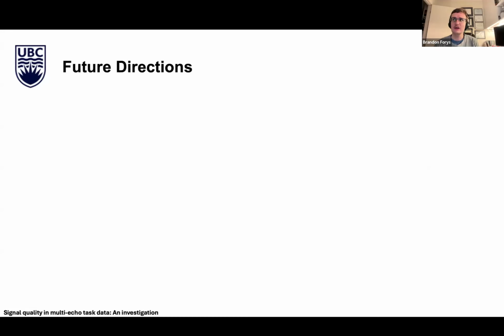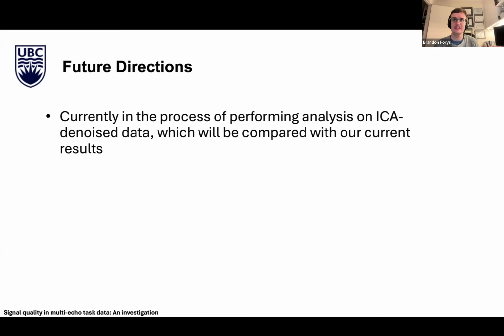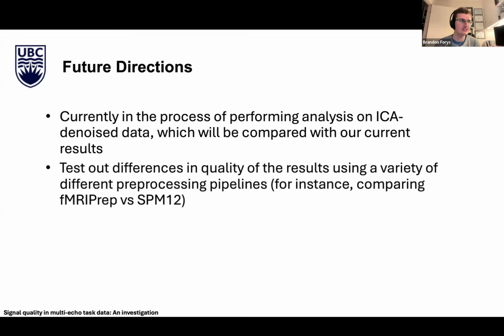And then we're doing some more analyses on these data, which have been denoised using tedana, because to begin with we were just looking at optimally combined data, but we also wanted to see if using tedana is going to improve these results. We're also comparing some different processing pipelines, like fMRIPrep and SPM.